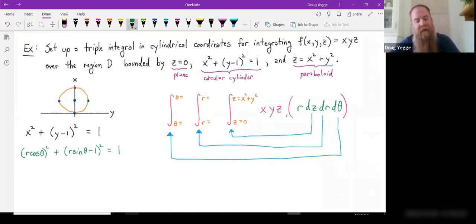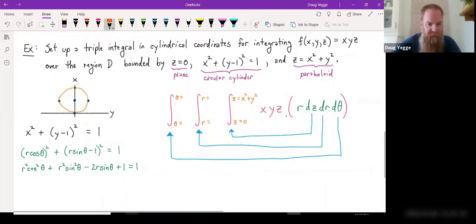Now this is fine, except for the fact that we typically want to have r equals a function of theta. So let's just expand this a little bit and get r squared cosine squared theta. Now if we expand this, we get r squared sine squared theta minus 2r sine theta plus 1 equals 1.